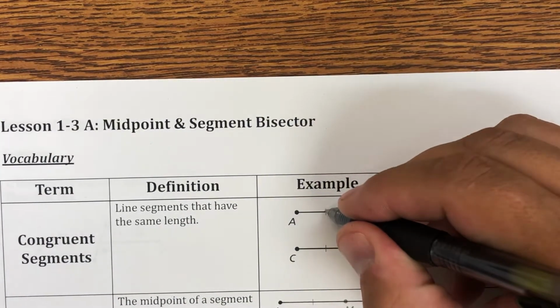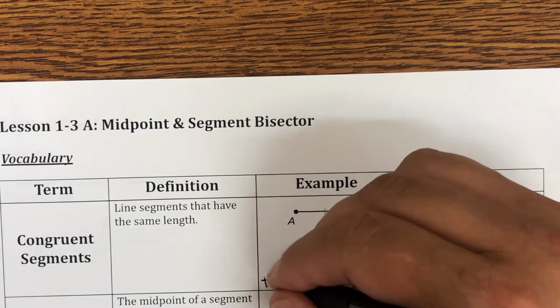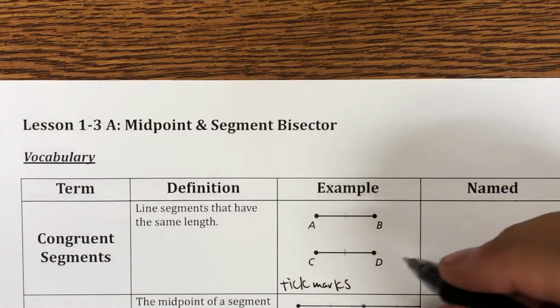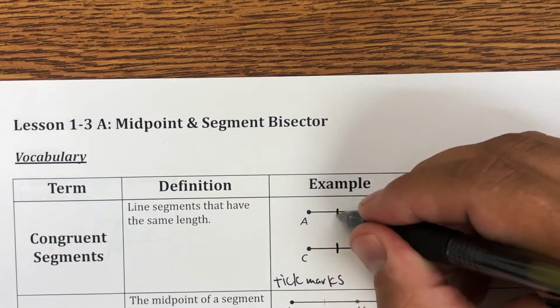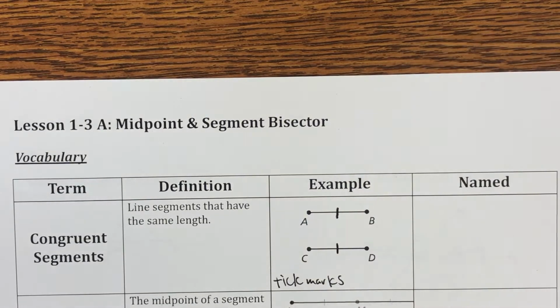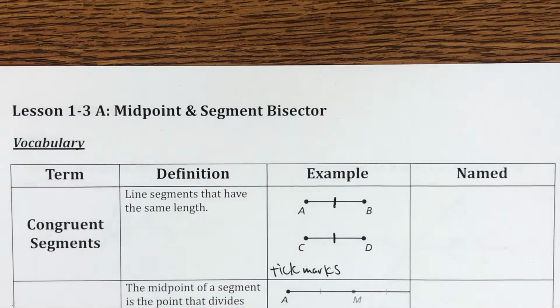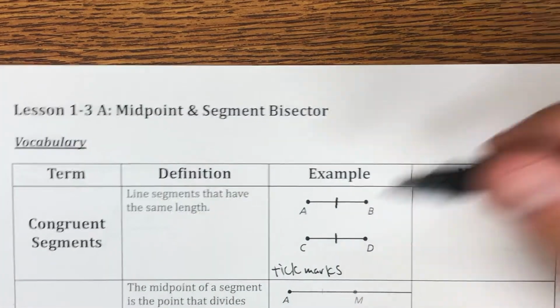The way we indicate that segments are congruent in a diagram is by using tick marks. You'll see these quite frequently. If you see a segment with one tick mark and a segment with another tick mark, that indicates those two segments are congruent. It isn't breaking the segment apart, just one tick means they're the same size.